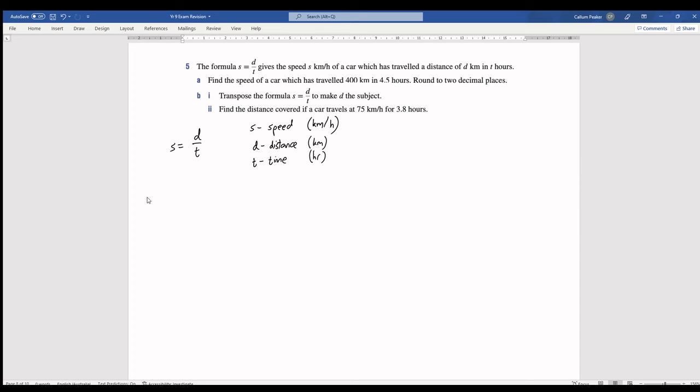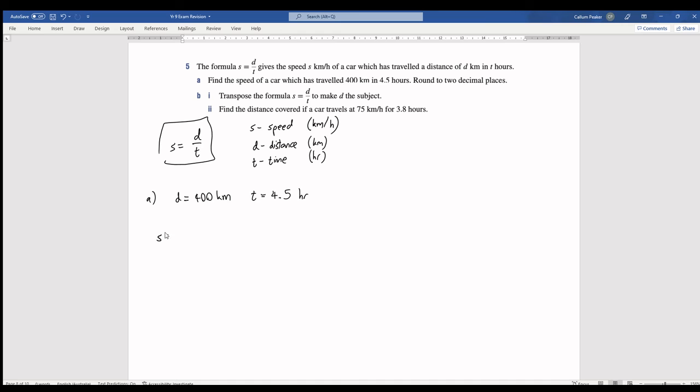Okay, so part A, let's do that. So part A says, find the speed of a car which has travelled 400 kilometers in 4.5 hours. So we know D is equal to 400 kilometers, and we know that t is equal to 4.5 hours. And I can just solve this by substitution. So I use this formula from up here.